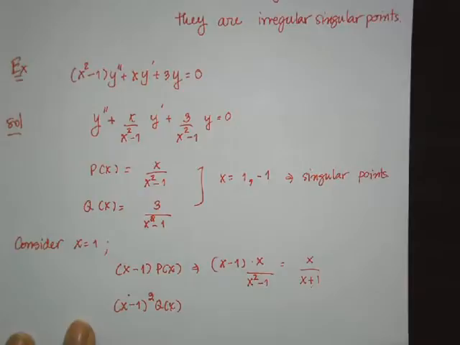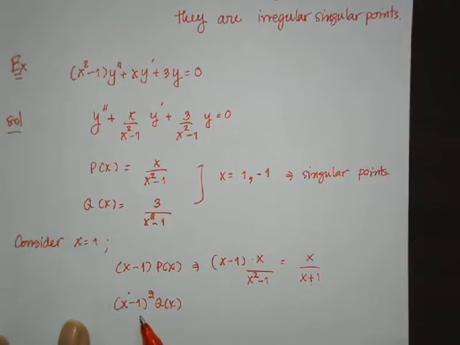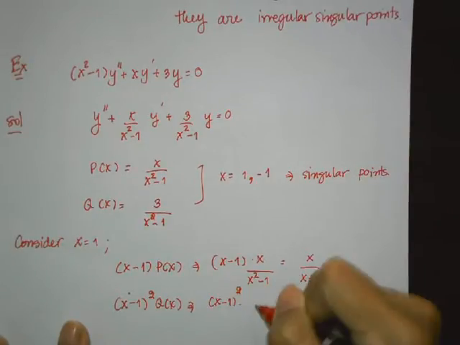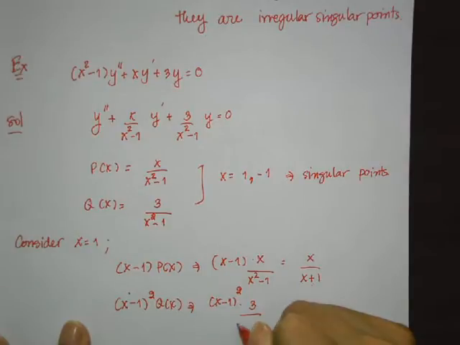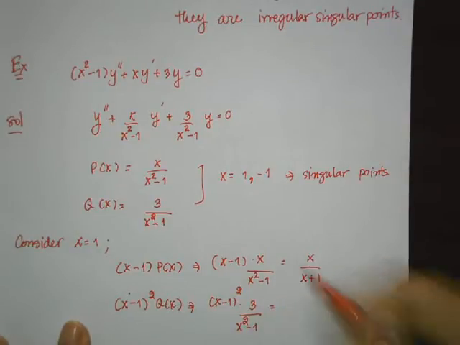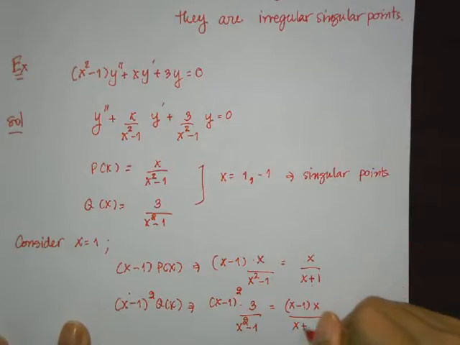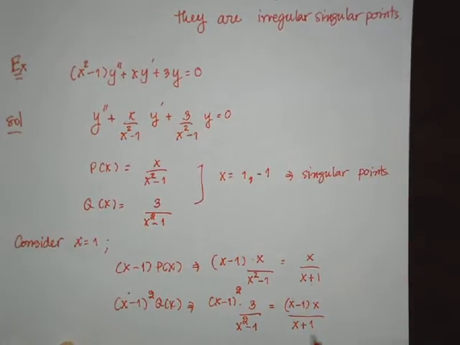We just can't conclude yet because we need to check the function x minus 1 squared times qx. X minus 1 squared times qx is 3 over x squared minus 1, which is equal to x minus 1 times 3 divided by x plus 1. With this one, if you plug x equal to 1 into this term, we get an analytic function.